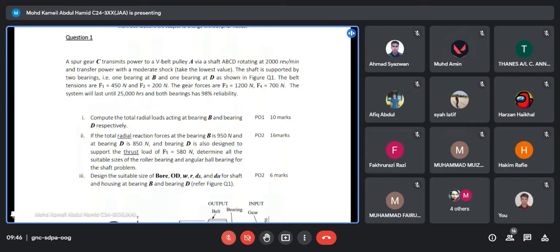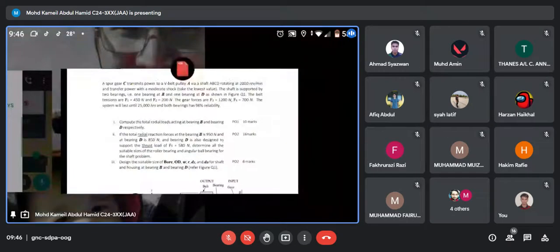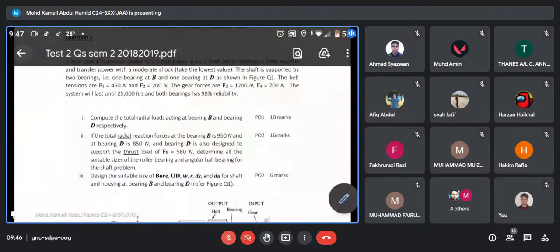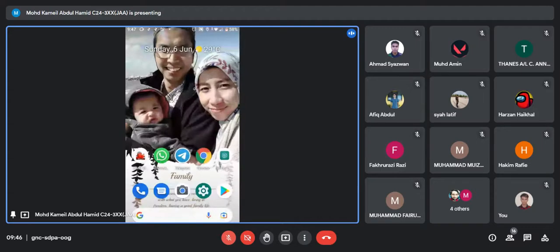Based on the given information, dia punya soalan C tadi kan, they mention that the shaft size is 30 mm. So based on that 30 mm, you have to check from the option you have from question B tadi, you have 3 series.